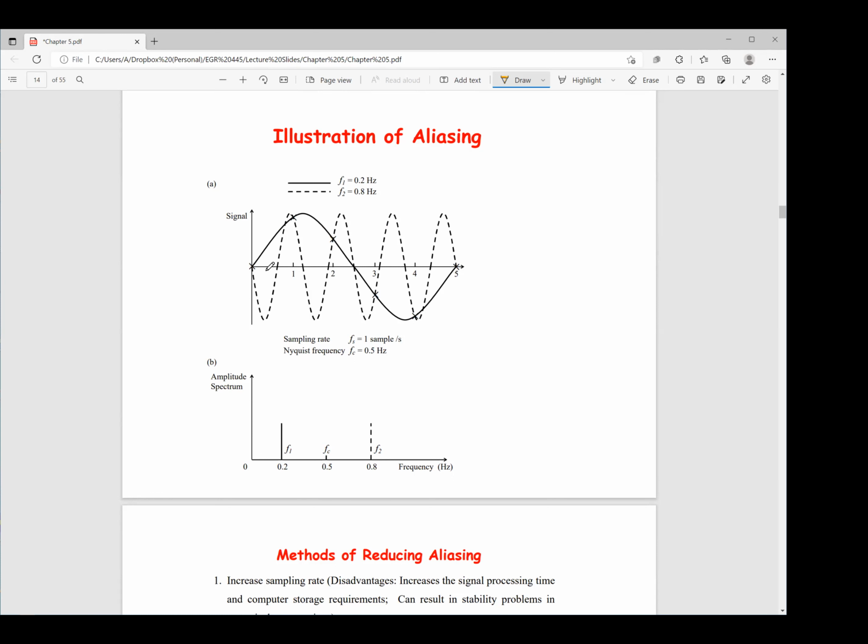So if I start doing that, I capture this sample, I capture this sample, I capture this sample, which means the true signal is not captured, and I get something that is completely different from the original signal. That is the issue with aliasing.